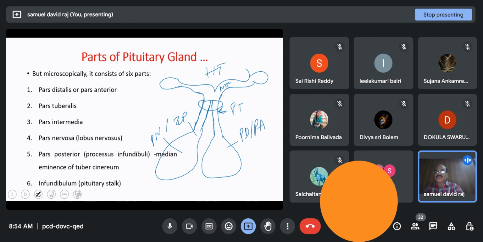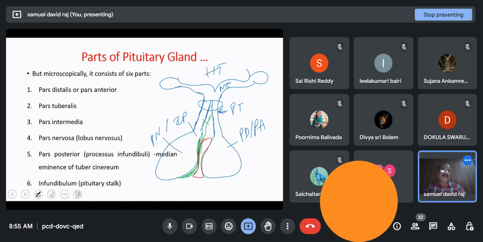Between these two, we can see the pars intermedia. Not up to this, up to this. This is the pars intermedia present between these two. And the pars intermedia is separated from pars distalis by an interglandular cleft.